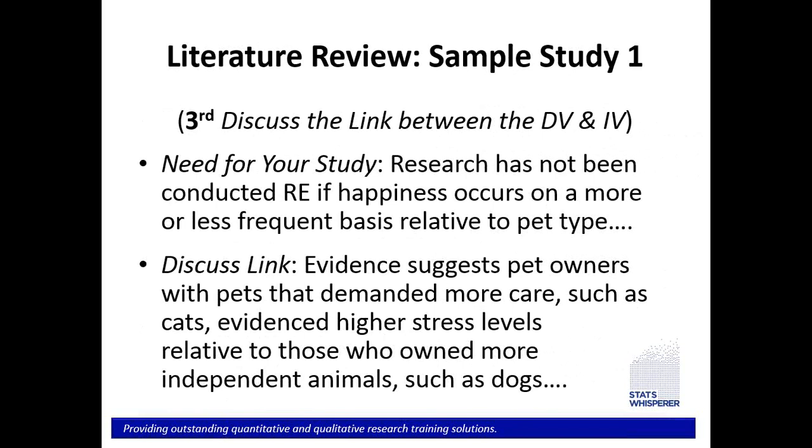So research has not been conducted regarding if happiness occurs on a more or less frequent basis relative to pet type. Then we discuss our link. Evidence suggests pet owners with pets that demanded more care, such as cats, evidenced higher stress levels relative to those who own more independent animals, such as dogs. Now that might not be true, but that's an example strictly for the purpose of the literature review.